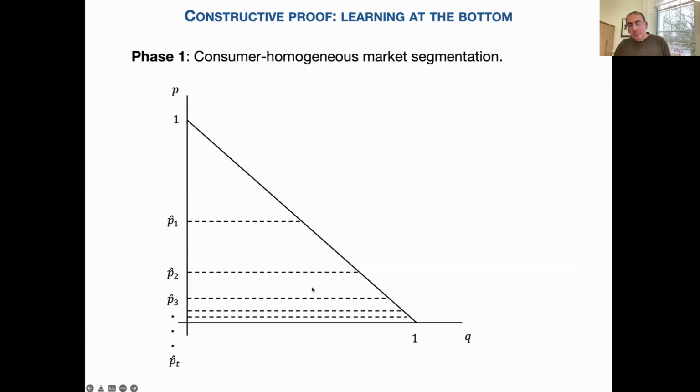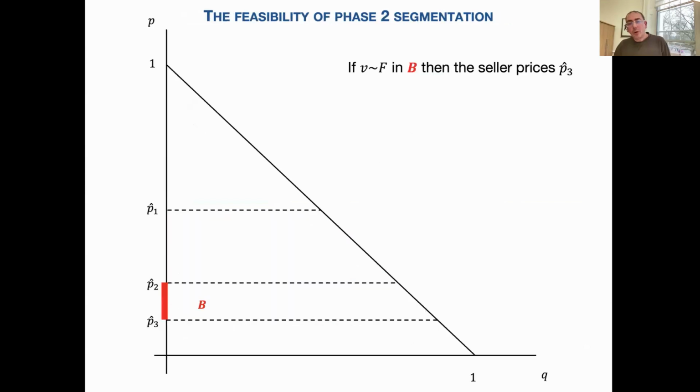Then what I'm going to do is the following. Suppose that I want to learn the valuation of consumers between P at 3 and P at 2. If I only give the red segment to the seller, the seller is going to charge P at 3 by construction. If I only give the green, the seller is going to charge P at 2 by construction.